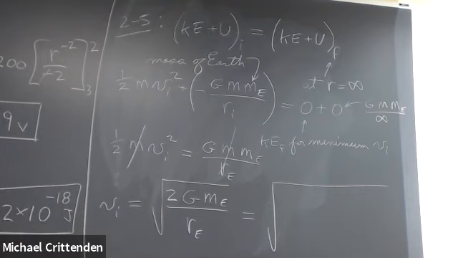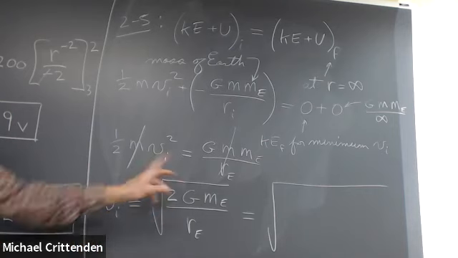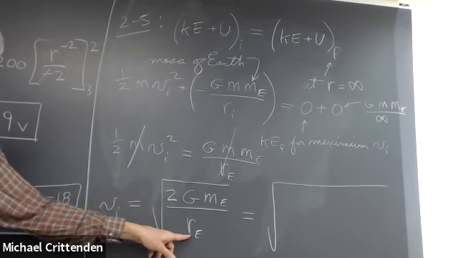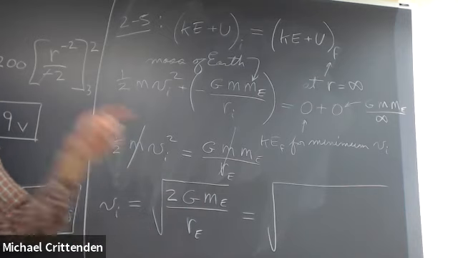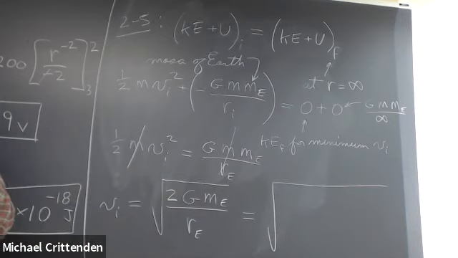Incidentally, just a little footnote. If you set the escape velocity equal to the speed of light and rearrange this to solve for the radius, that's the formula that gives you the gravitational radius of a black hole.